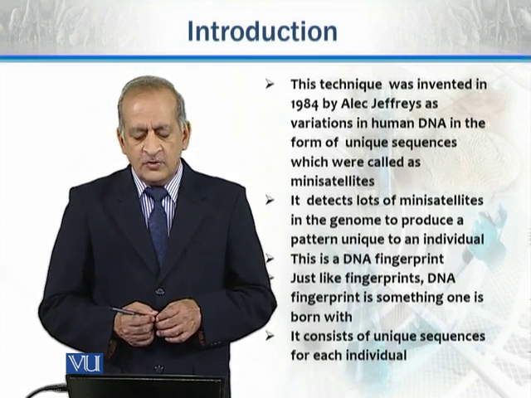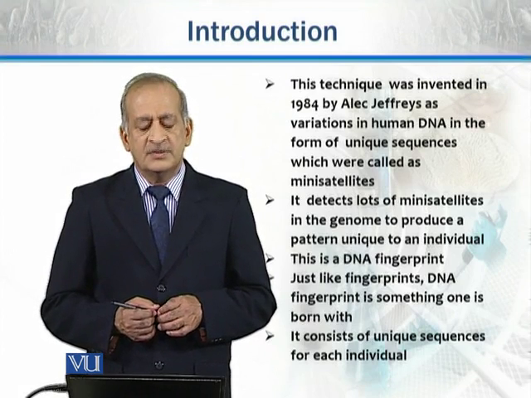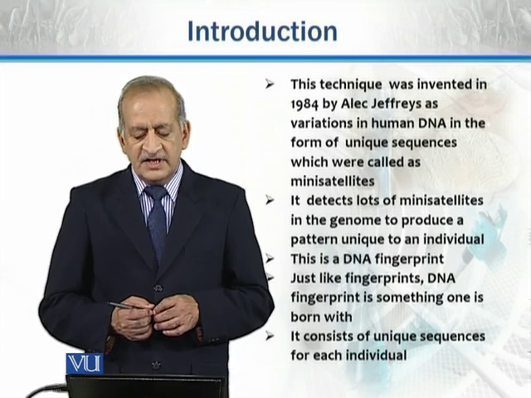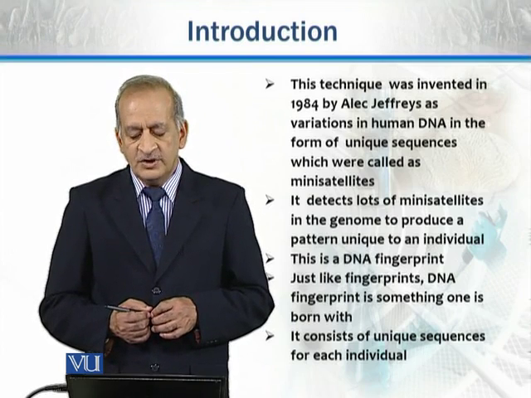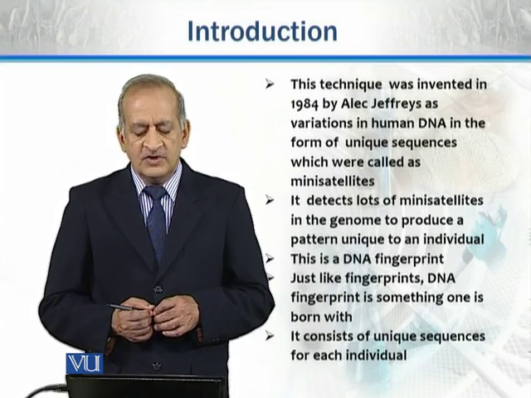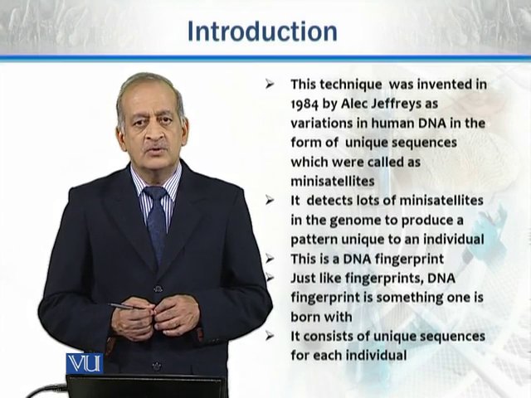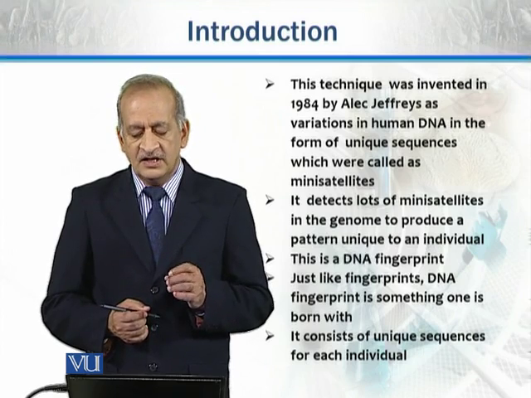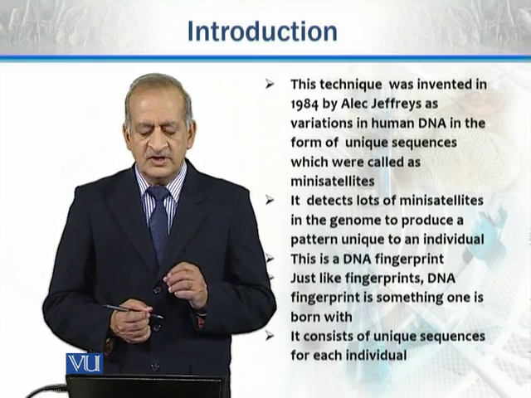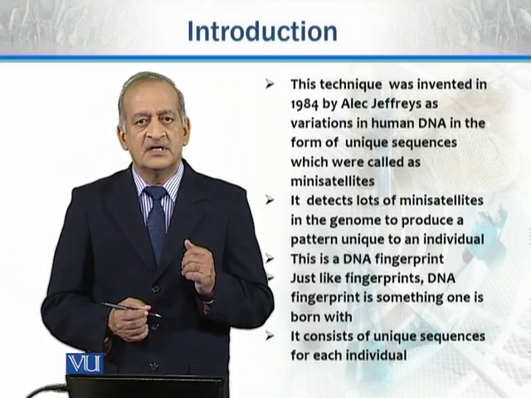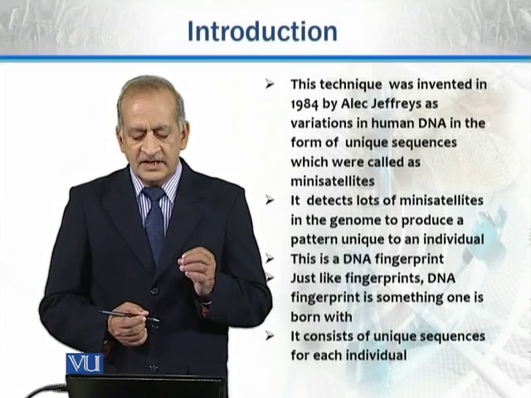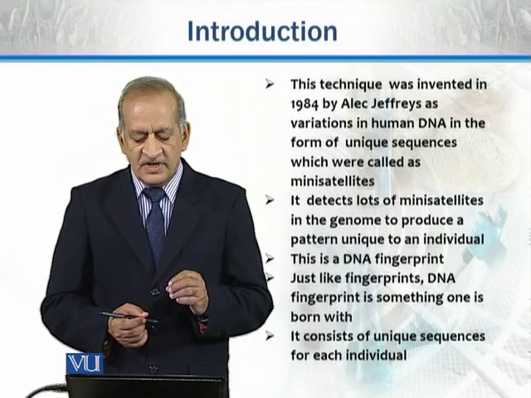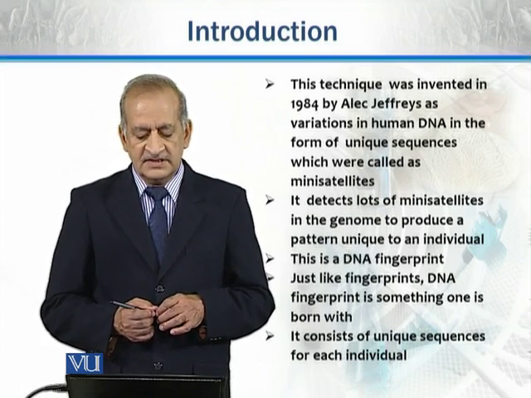This technique of fingerprinting was invented by Alec Jeffreys, based on variations in human DNA in the form of unique sequences which were called mini satellites. So these 0.1% differences in DNA were actually responsible for differences in all types of human beings, and this difference was due to DNA which was named mini satellites.